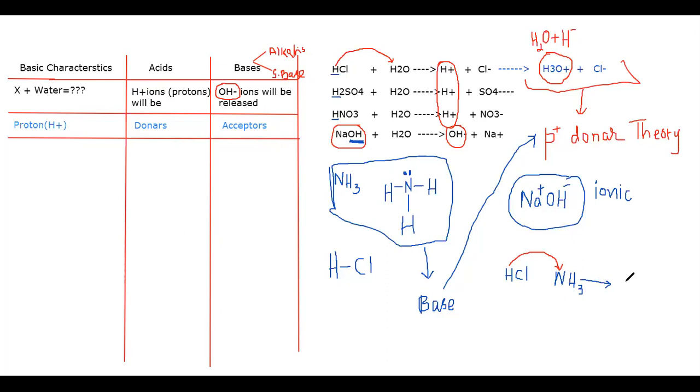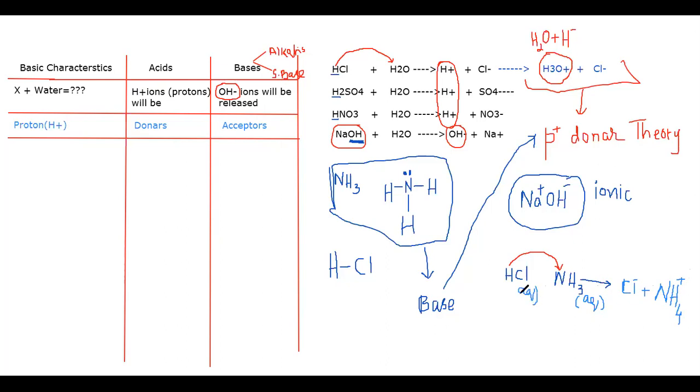They will make Cl negative, the negative part of the acid, and NH4 positive. So the solution of ammonia, which is a gas, written here as aq, is reacting and neutralizing the acid.